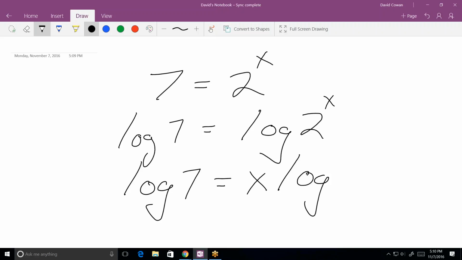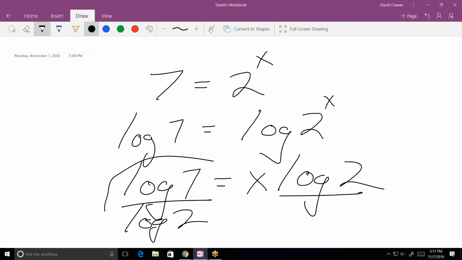And now I can solve it algebraically, because all I have to do is divide both sides by log of 2. Again, these are just numbers. You're still going to use your calculator to solve for x, but x would be the log of 7 divided by the log of 2, and you can get that number out of your calculator.